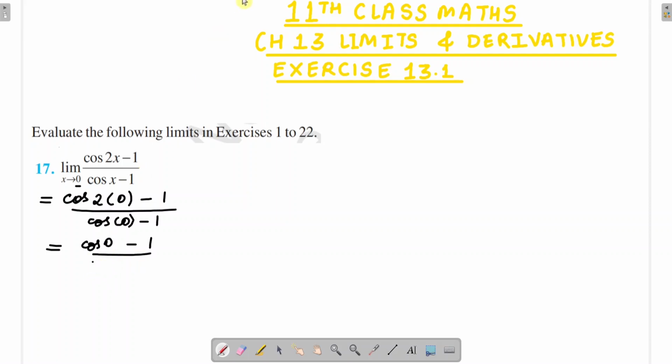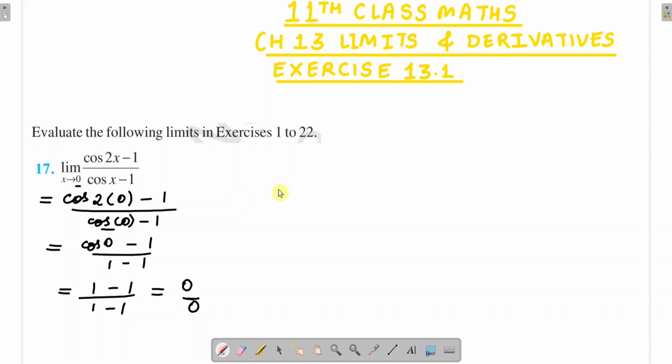Cos of 0 is what here? It is 1, then minus 1. So this will be equal to (1 minus 1) divided by (1 minus 1), which is 0 by 0, right?